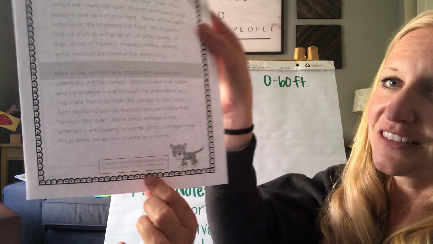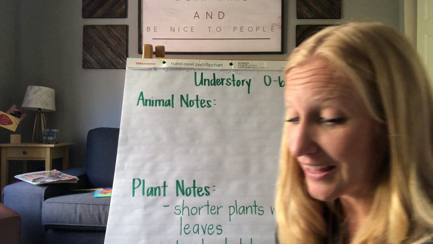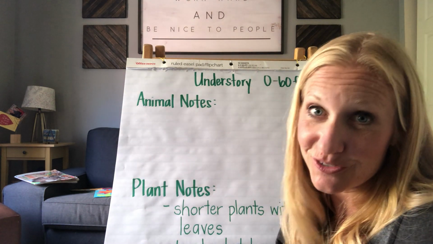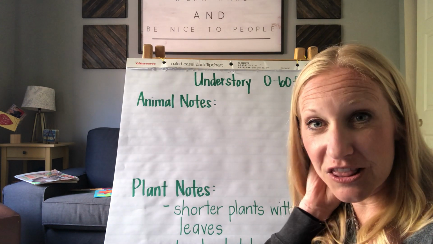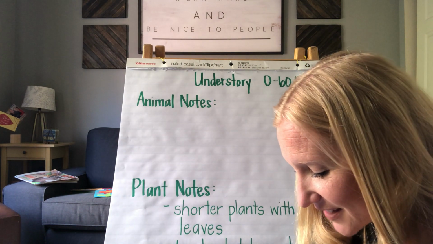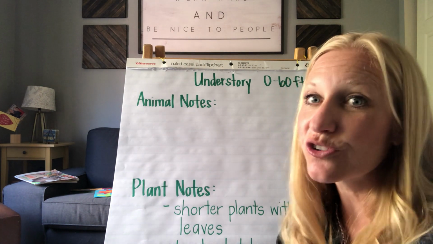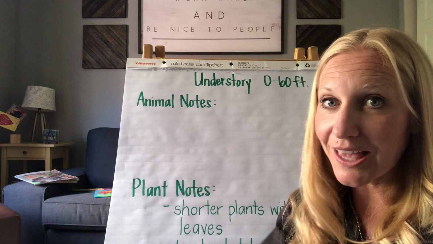And this little box down here says, jaguars can be seen lying in the low branches of the understory. So this is where I feel like a lot of our big animals live. And it's kind of neat because it said a lot of nocturnal animals like to live here. Remember, nocturnal means they're awake at night.